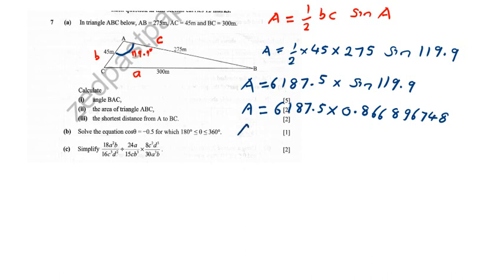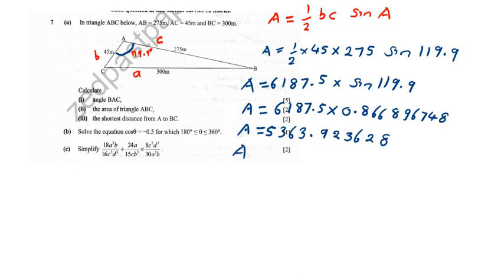So area is equal to, we multiply 6187.5 times 0.866896748. When we multiply, we are getting 5363.923628. So that's our area.